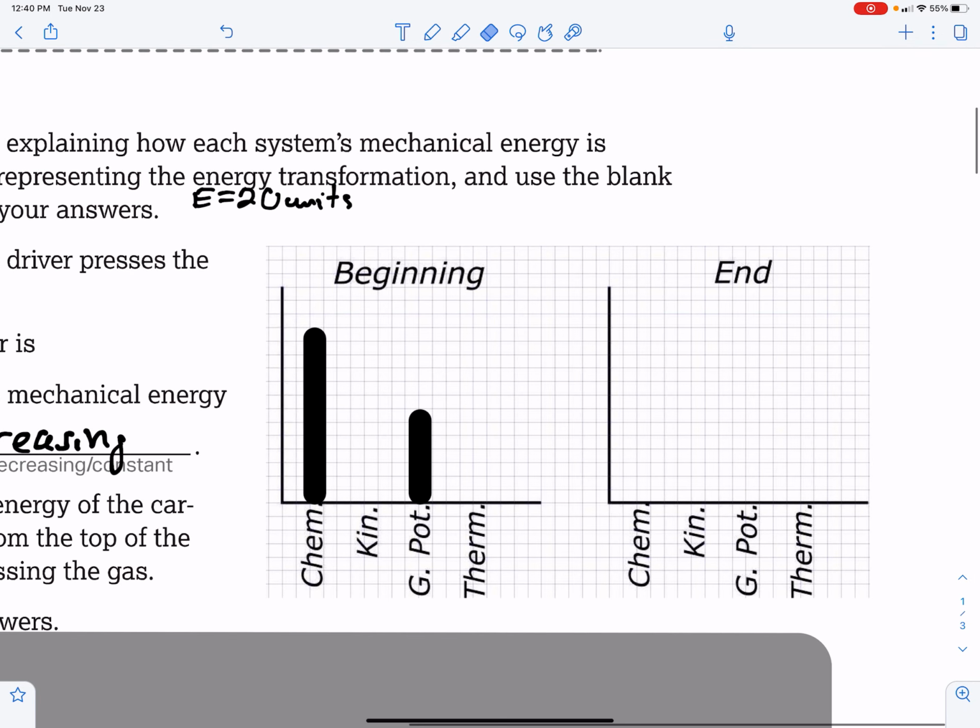So I'm now going to raise the kinetic energy higher than this amount here because some of that came from the chemical energy of pressing the gas pedal. I started with 7 units of potential energy. I'll go ahead and raise that to about, I guess, 11 units maybe? Yeah.